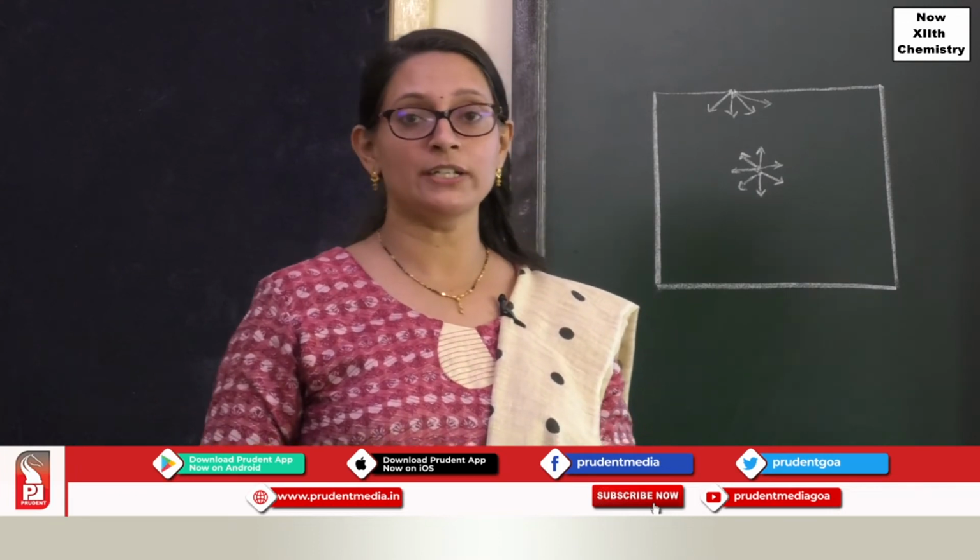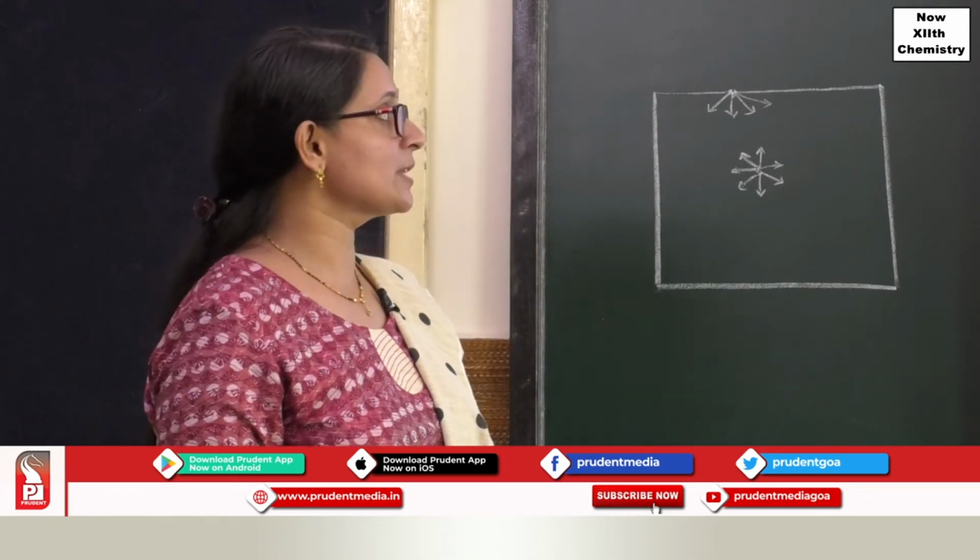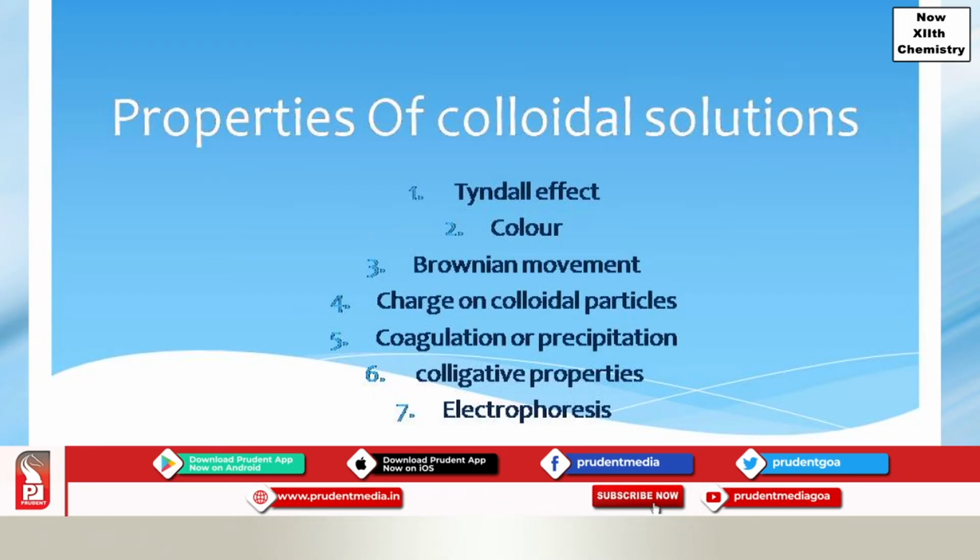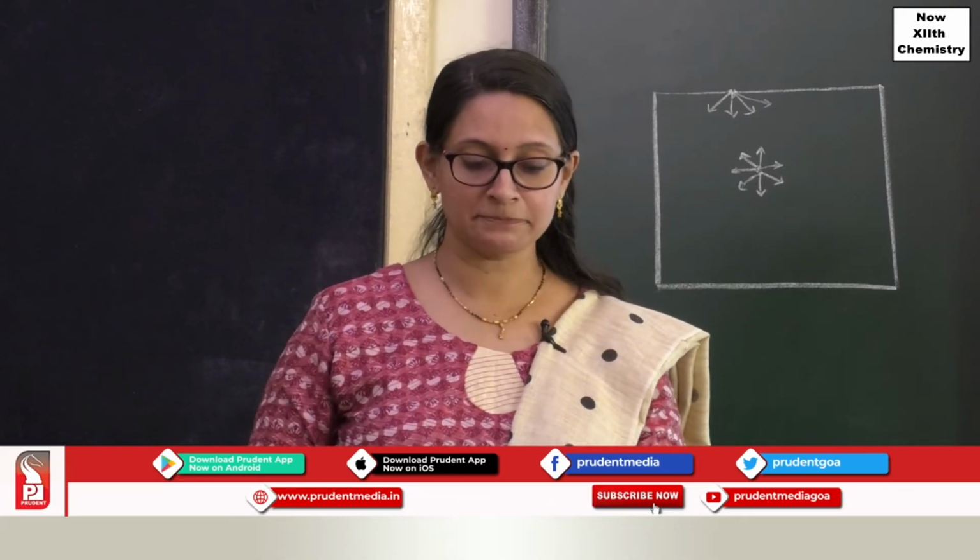Which are these colloidal properties that we are going to see? The first one is Tyndall effect, then color, Brownian movement, charge on colloidal particles, coagulation or precipitation, colligative properties and electrophoresis. So, let us see one by one in detail.